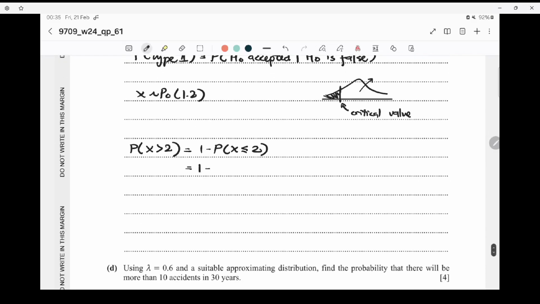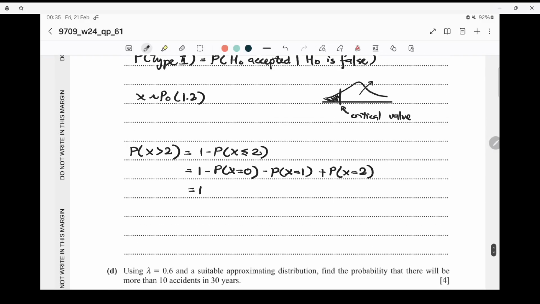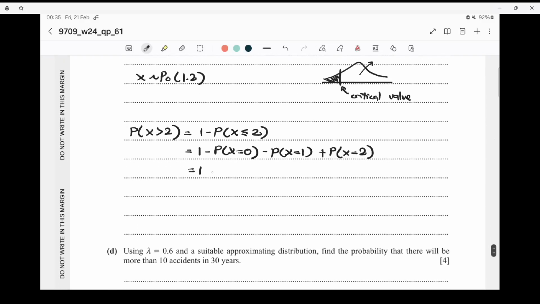So now you just calculate P(X = 0), X = 1, X = 2. And when you do the calculation, use the true statistics. So this is 1 minus e to the power of minus 1.2.